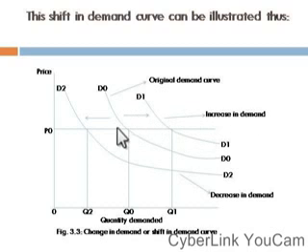And when the demand curve shifts to the left, it indicates a decrease in demand, depending on the nature of the change in the other factors. Let's look at this critically. We have D0. This is the original demand curve. And that gives us the quantity demanded as what?